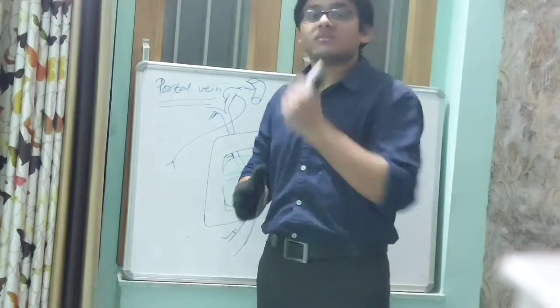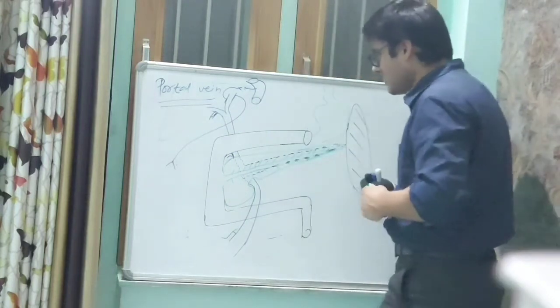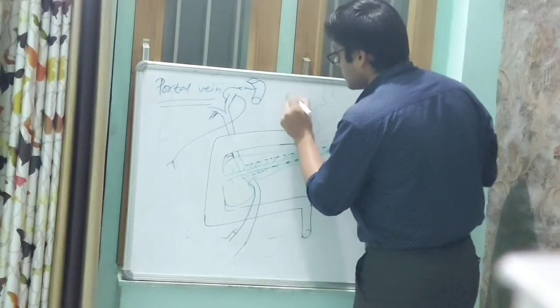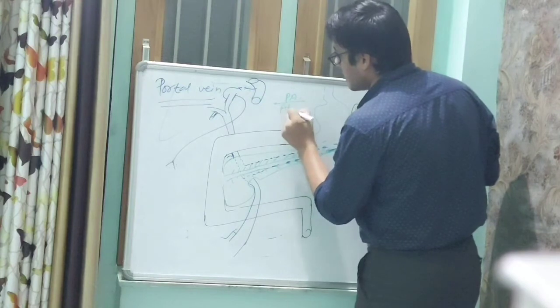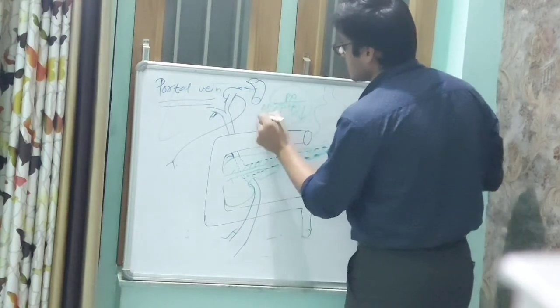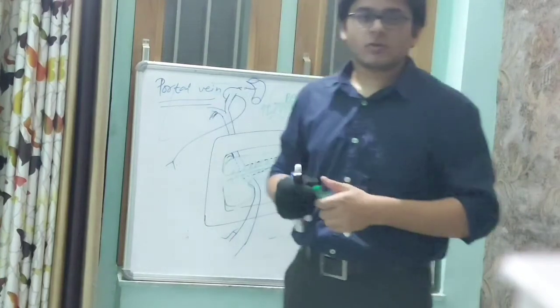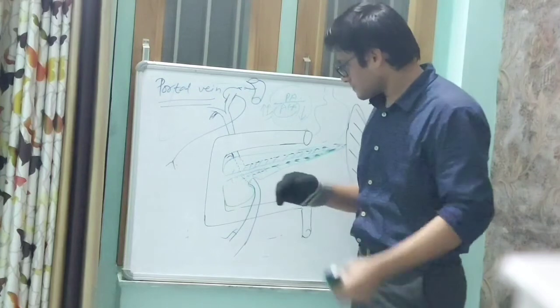So there will be an increase in the ratio of plasma albumin upon ascitic fluid albumin. Since this is decreased, the ratio gets increased. This is the type of quantitative measure. Okay.